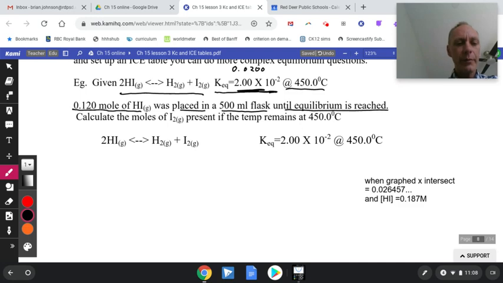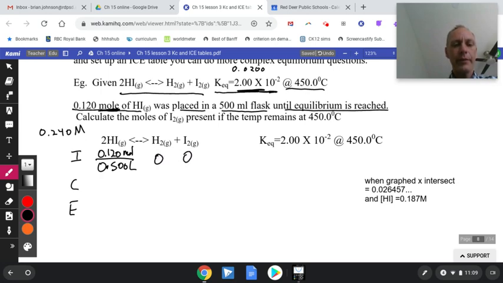So I am going to set up an ice table to organize my data. We're starting off with 0.120 moles in a half-liter flask. That was moles, not concentration, not moles per liter. So now I've got moles per liter, and that's going to work out to be 0.240 M. That's where we're starting, nothing else.